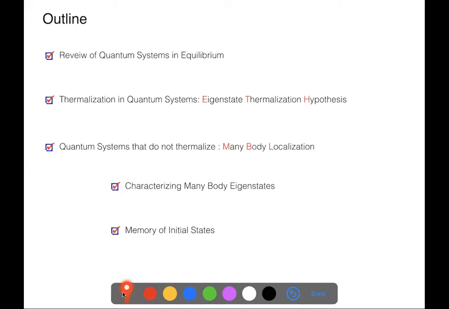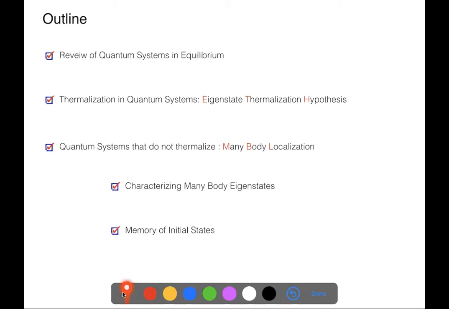Then we will talk about thermalization in quantum systems, and we will talk about specifically a hypothesis called eigenstate thermalization hypothesis. So we will see what are some of the issues when people talk about thermalization, and at least one of the issues how this particular hypothesis, which came in the 1990s, tries to resolve.